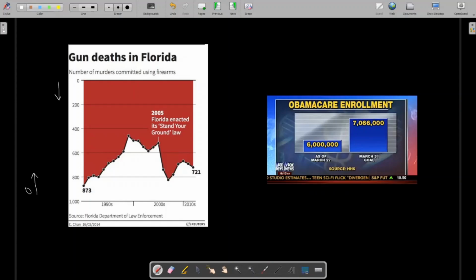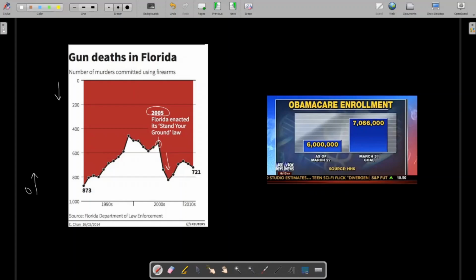This graph was made in mind to show that the Stand Your Ground law enacted in 2005 was reducing the number of gun deaths in Florida. Because people are going to look at this graph, they're going to say, oh, in 2005 this point was here, but then as soon as this law was enacted, it goes down to here.